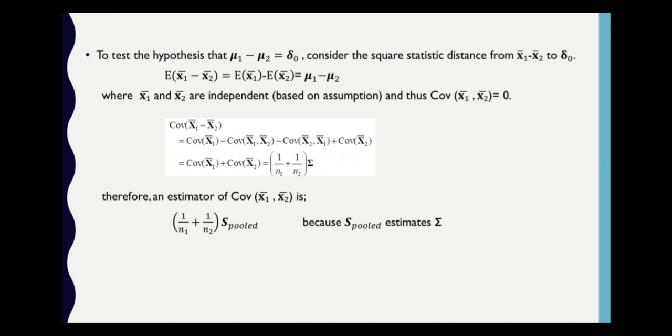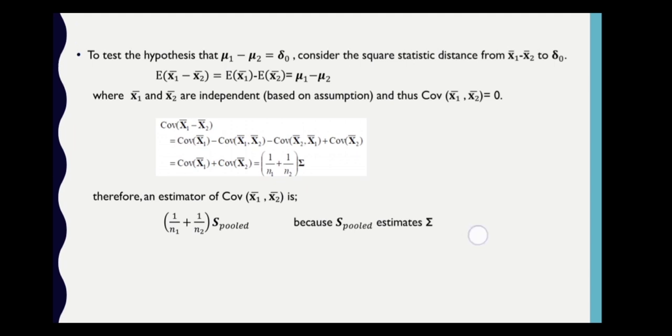We estimate the big sigma here with the S pool, the formula we created earlier. So to estimate the covariance of x1 bar minus x2 bar, it will be 1 over n1 plus 1 over n2 multiplied by S pool. S pool, you need to memorize the formula from before.